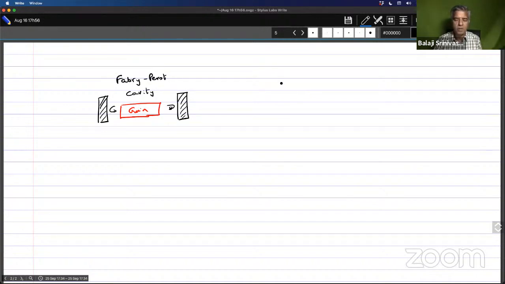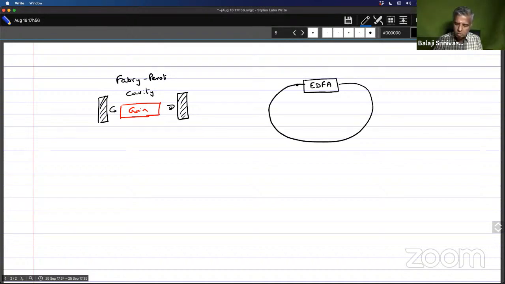But when we were talking about lasers, I actually mentioned this other cavity that could make a laser as well. And in this case, we were considering an erbium doped fiber amplifier, the output of which was looped and fed to the input.